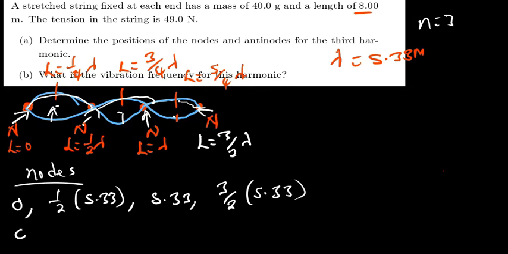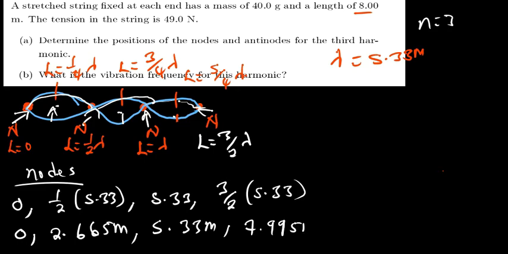So the final answer will be 0, then half, which is 0.5 times 5.33. That is 2.665 meters, comma, 5.33 meters, comma. Then 3 divided by 2 times 5.33, that is 7.995 meters. So this is the position of the node. The first one will be there, the second one here, the third one, the fourth one.